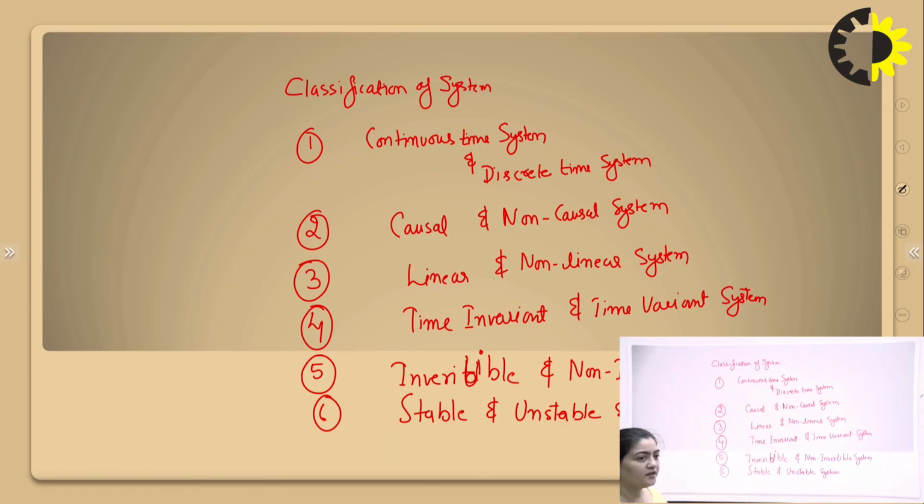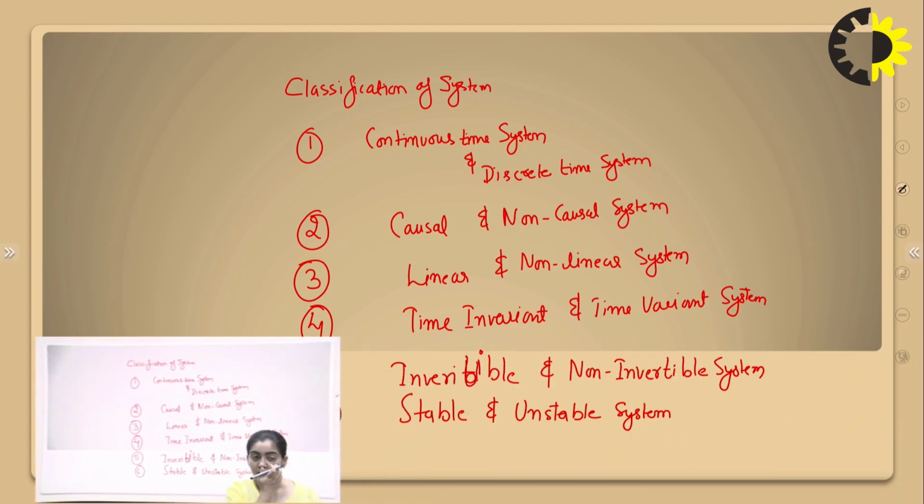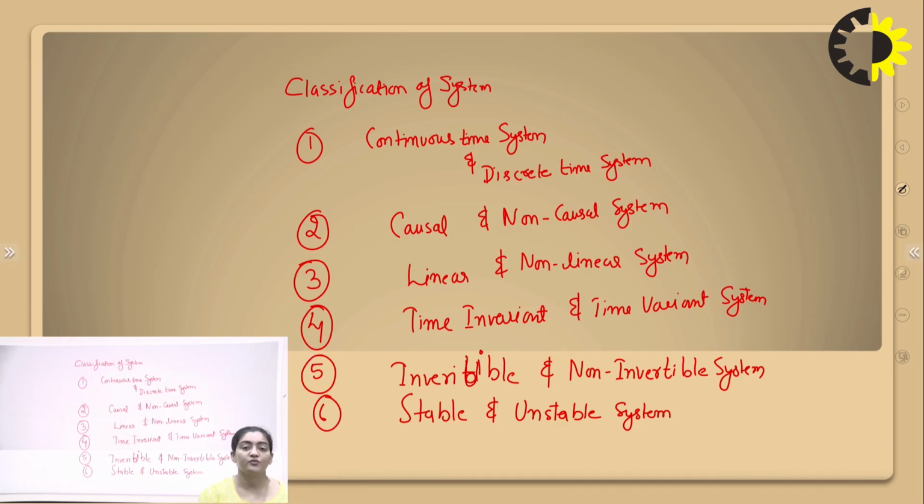So these are the classifications of systems, based on what kind of signals we are dealing with, the relation between input and output, time dependence, and behavior.